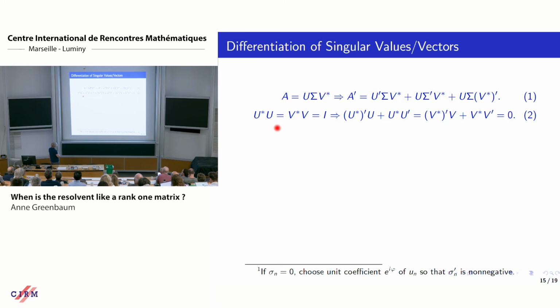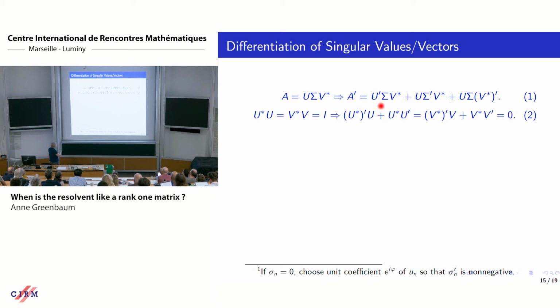You use the fact that U star U and V star V are the identity. This means that U star prime times U plus U star times U prime is going to be 0, and similarly for V. And this could be written as U prime star.